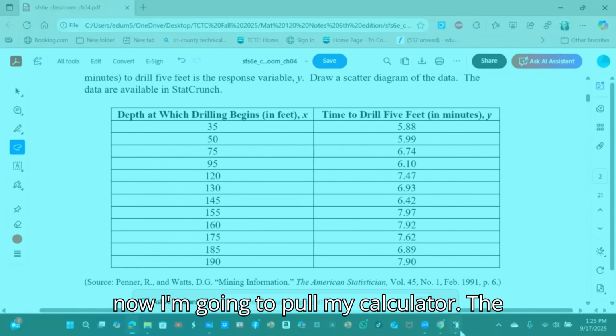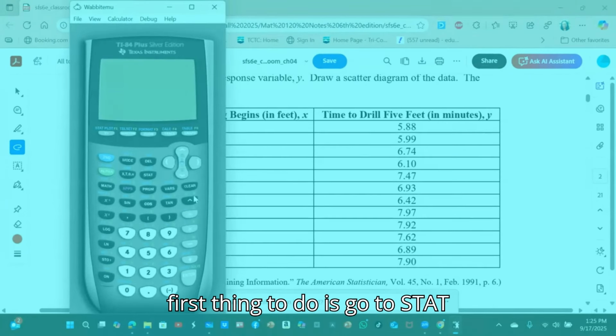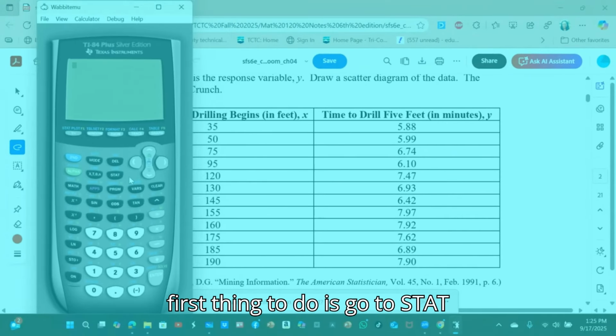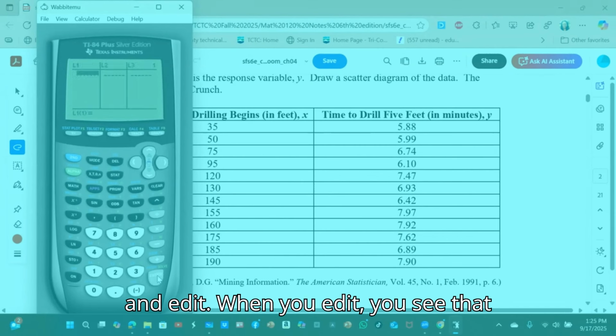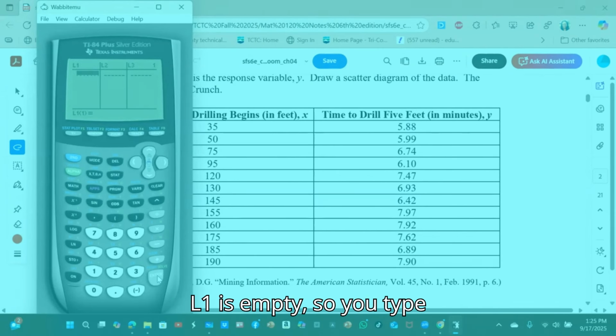So now I'm going to pull my calculator. The first thing to do is go to STAT right here, push enter, and edit. When you edit, you see that L1 is empty. So you type in one by one each value of the explanatory variable.